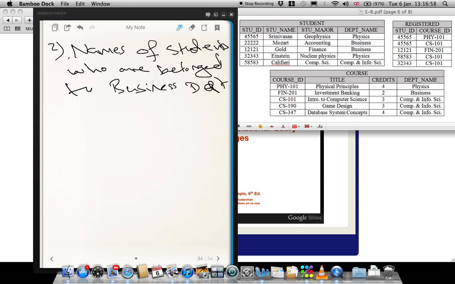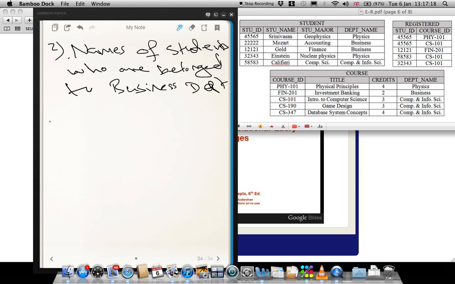Again, now we're looking at the student names. All this work will be inside the student table, so we do not need to refer to other tables.